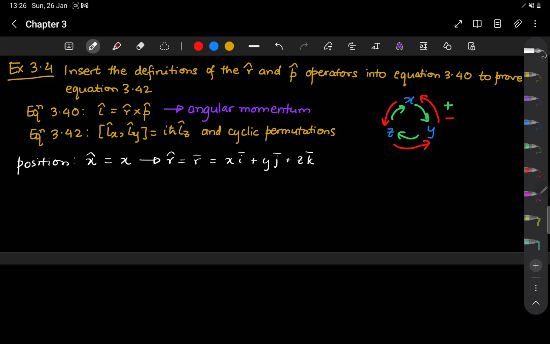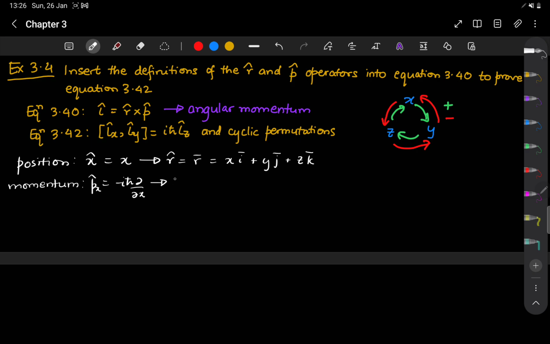This is the position operator. Now the momentum operator. If we look at the x component, it is minus iħ del by del x, which is the partial derivative with respect to x.